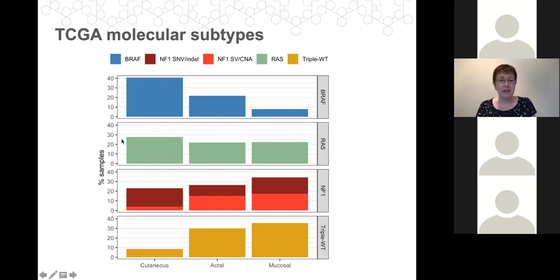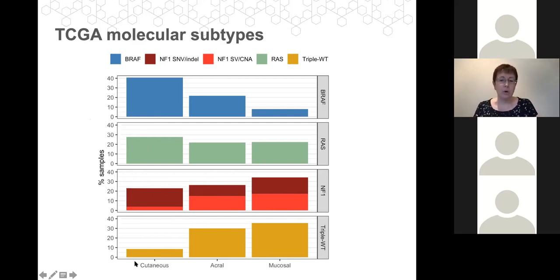RAS mutations are fairly even between the cohorts. NF1 is quite common in all 3 subtypes, but I broke them down into different colors here in terms of types of events: primarily point mutations and small indels in the cutaneous melanomas, whereas the acrals and mucosals have a lot more rearrangements and copy number alterations, which is expected as they have a high number of rearrangements.